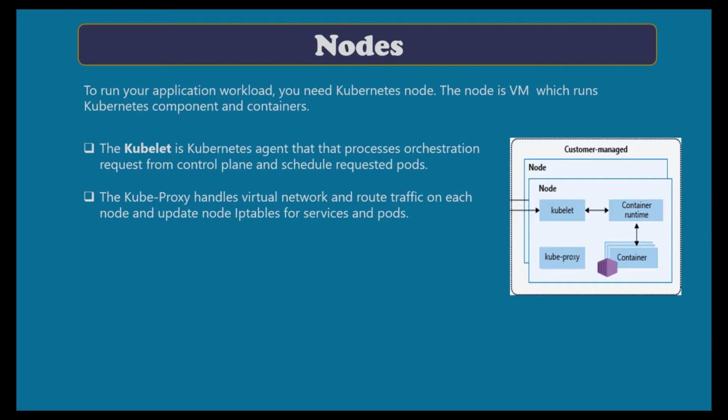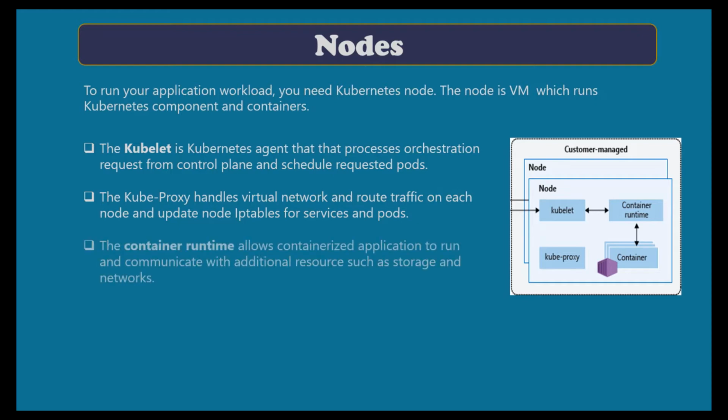So this is the kube proxy component, which handles internal networking on the nodes. The container runtime allows container applications to run and communicate with other resources such as storage and network. So the container runtime will help to communicate with additional resources.